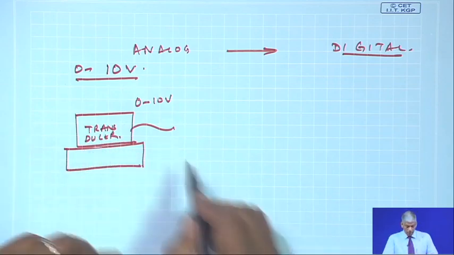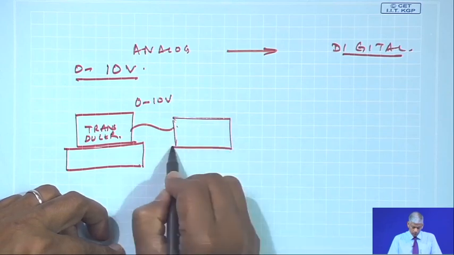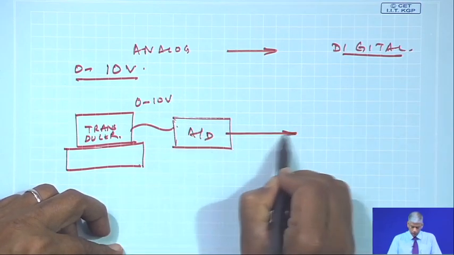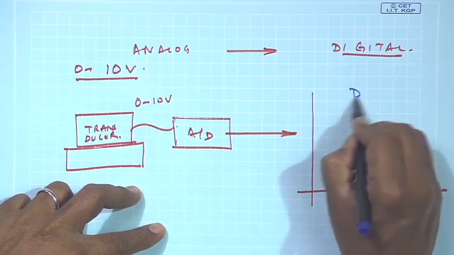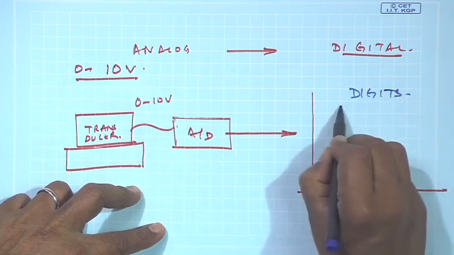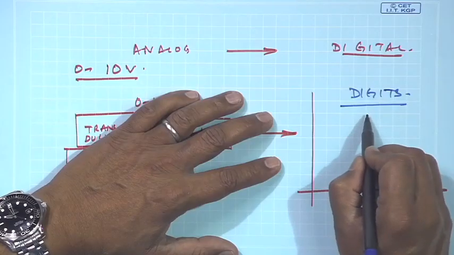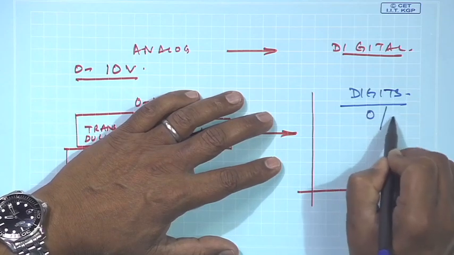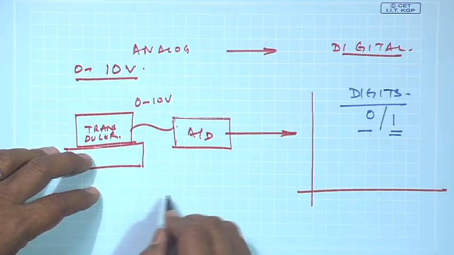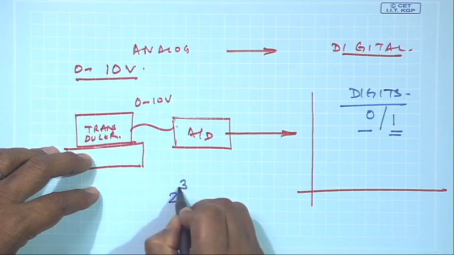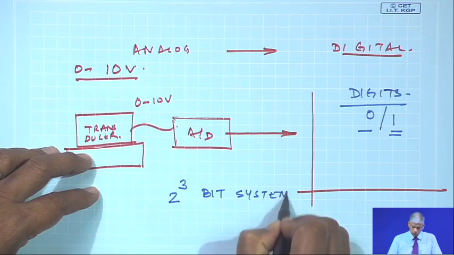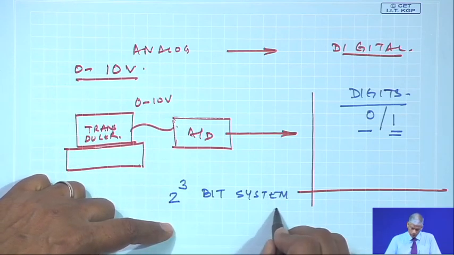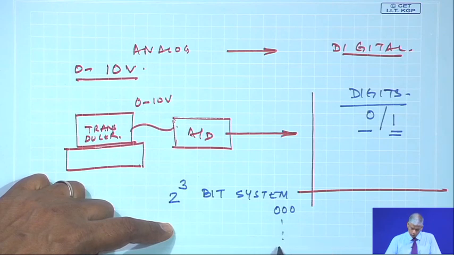But then once I do an A to D conversion, I should be able to store this in digits. As you know, in the digital domain, I can store a value either as a 0 or a 1. So, there are two options. So, if this is a 3 bit system for the sake of discussion, the possible values this can have are all from 000 to 111.